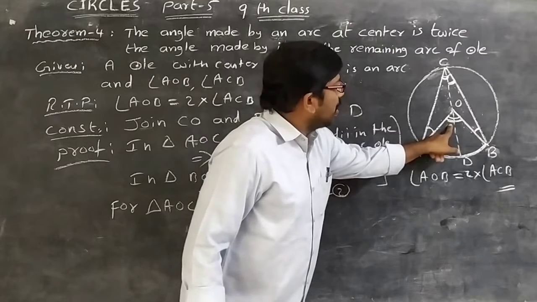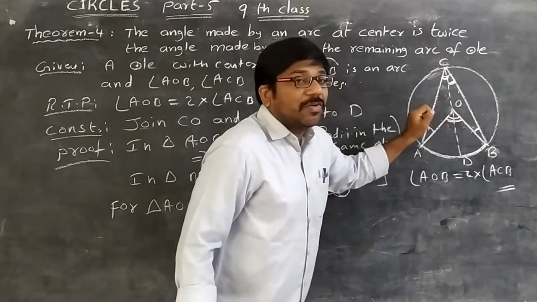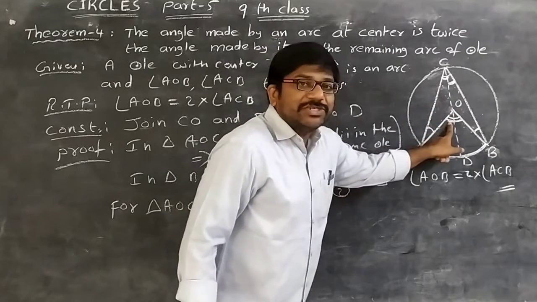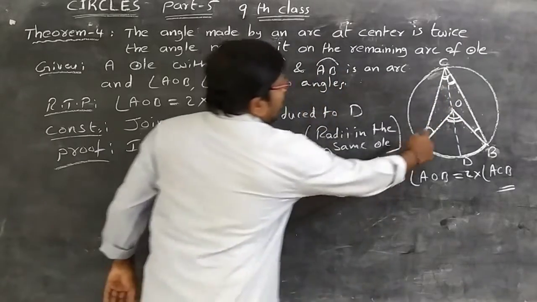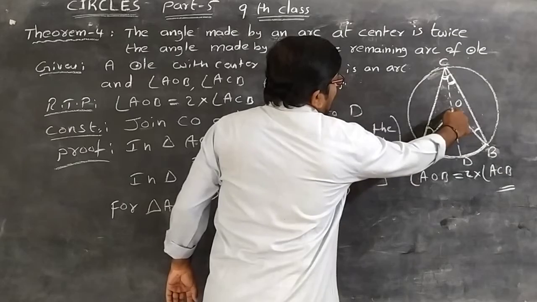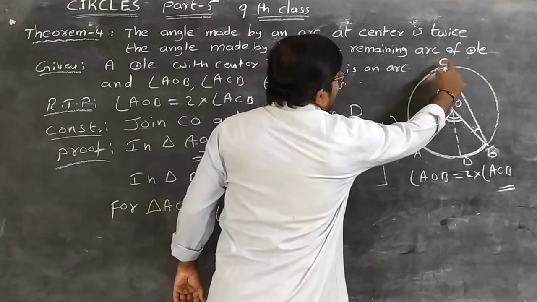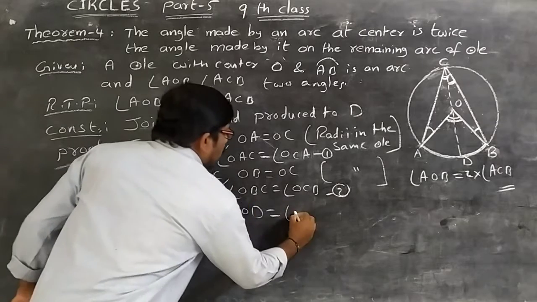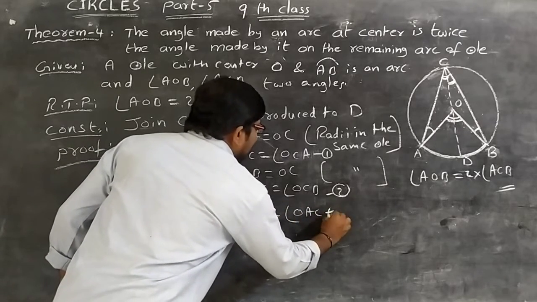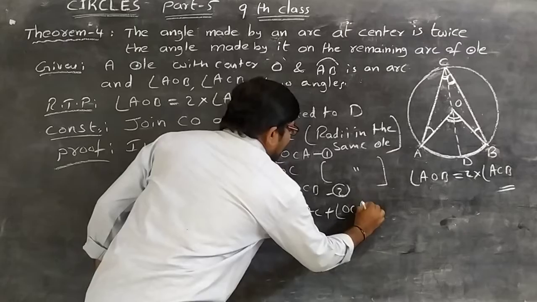So the exterior angle is equal to the sum of the opposite interior angles, right? Means its opposite interior angles, angle OAC and angle OCA, so angle AOD is equal to angle OAC plus angle OCA.